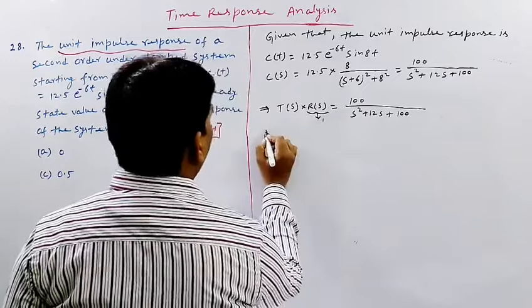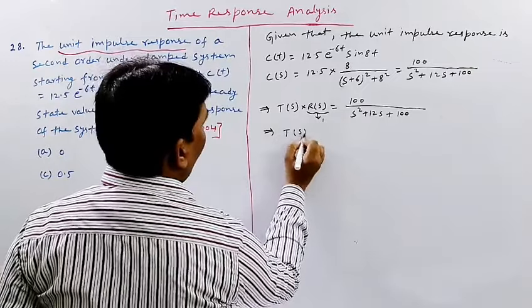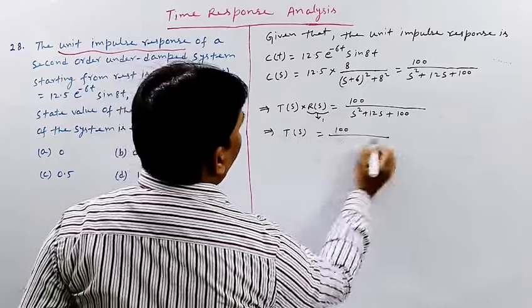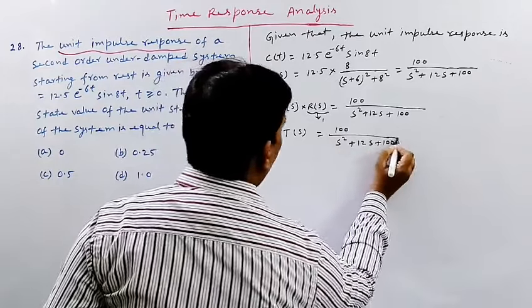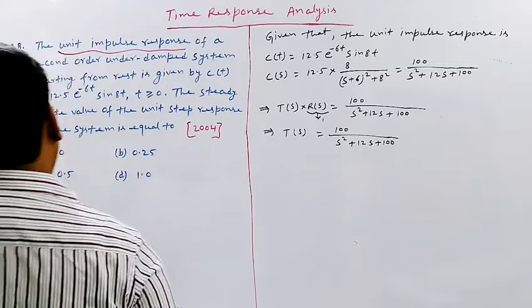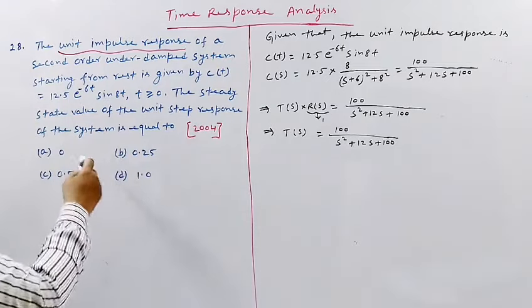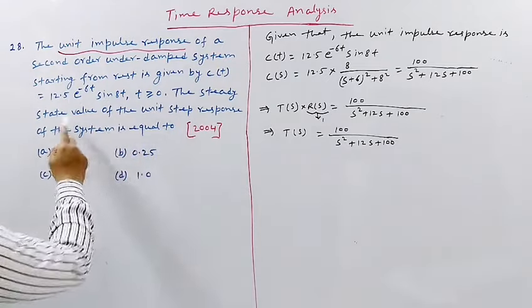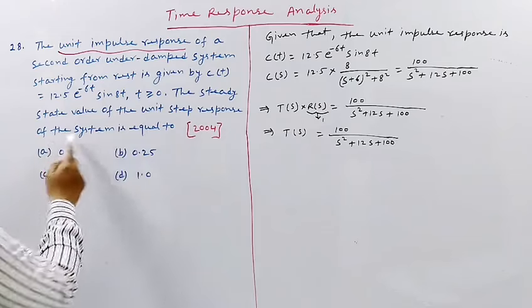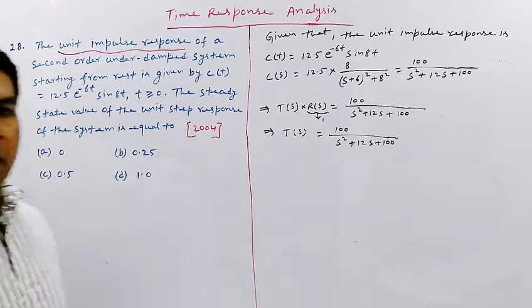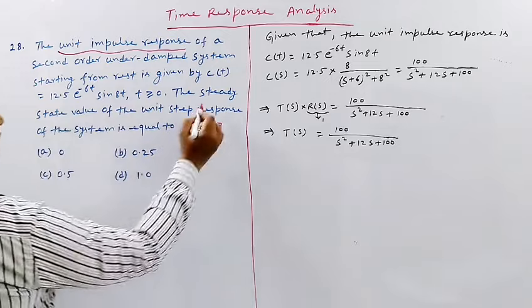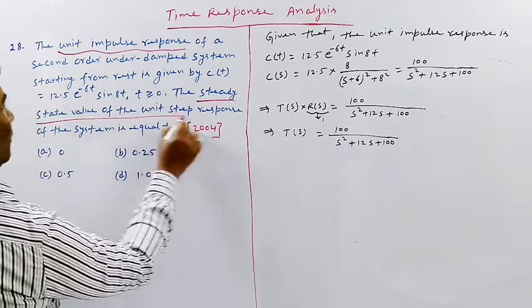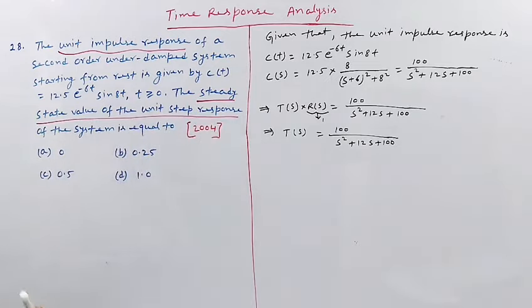So T(s) will be equal to 100 divided by s square plus 12s plus 100. Now we have got the transfer function. Now the question is asking about the steady state value of the unit step response.